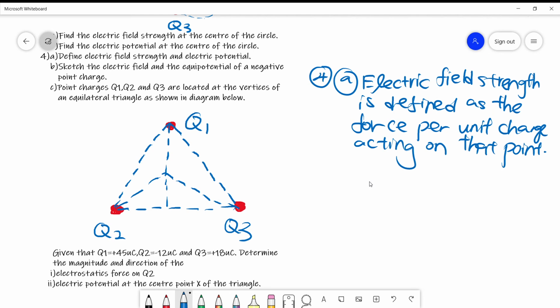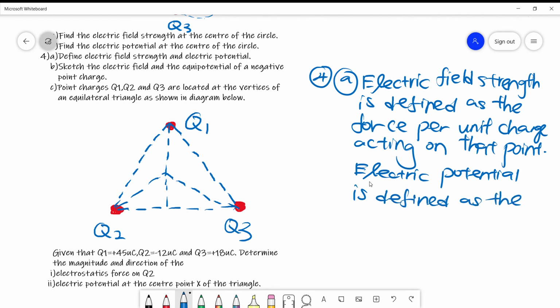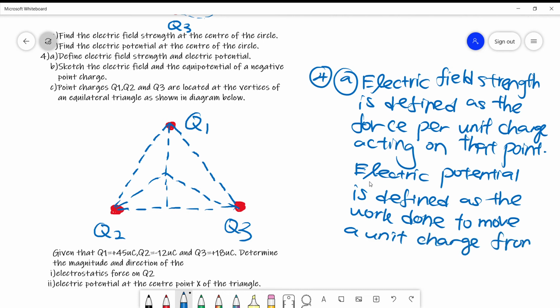As for the electric potential, so electric potential is defined as the work done to move a unit charge from infinity to that point.